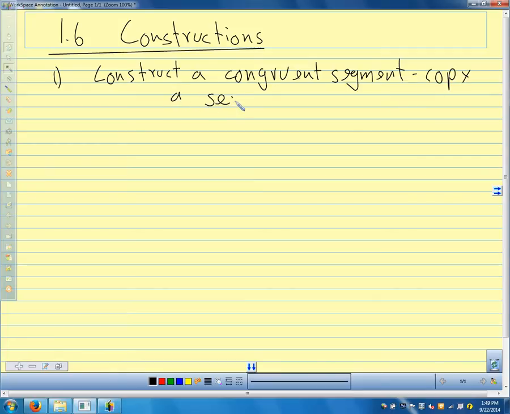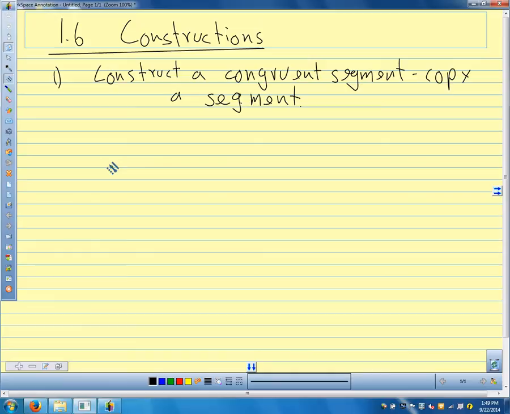They both mean the same thing. And all of these constructions, we're doing with our compass. We're not using a ruler to measure to make sure things are equal. Our compass helps us make sure things are equal.